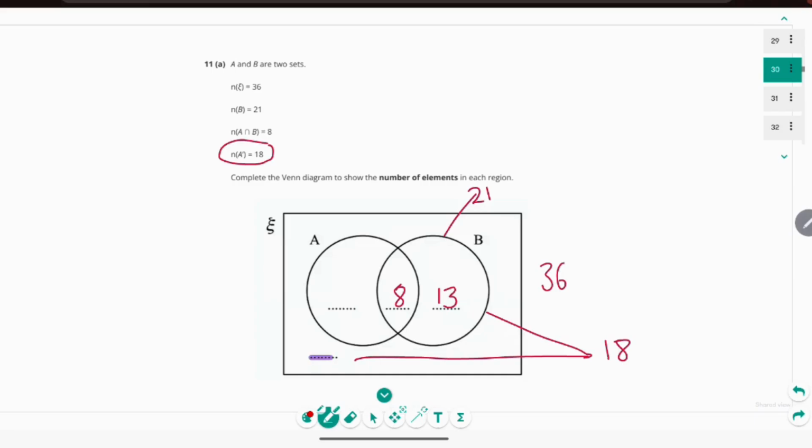So this one and this one needs to add up to make 18. So we know that this one here is 5. And we know the whole Venn diagram adds up to 36. So 36, take away your 5, 8 and 13 gives us 10. Let's just check all of that. Yeah, that all works.